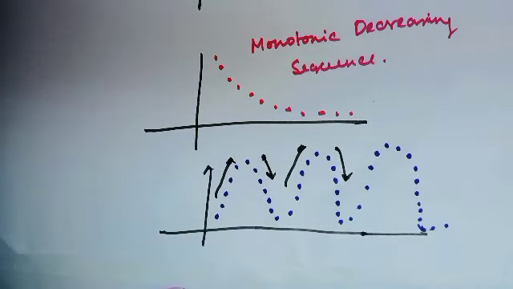Okay? That means it is not increasing for a long time or decreasing for a long time. So this sequence is not a monotonic sequence. Are you getting my point?